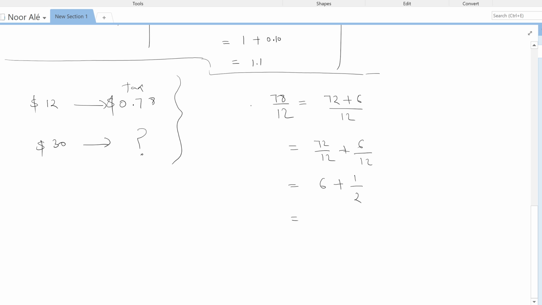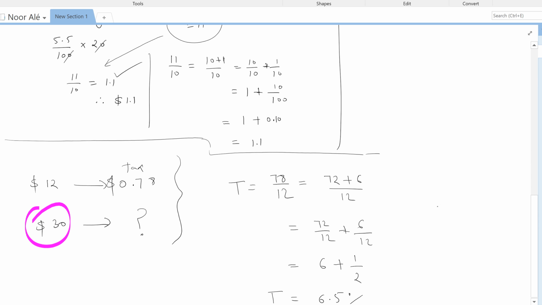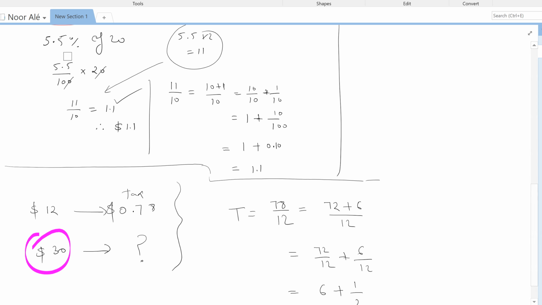So the t value that you're finding out is 6.5. Makes sense? So this is the percentage value, right? Yes, a percent, and now you use that percent and find out for the $30 that you're interested in. So you do 6.5% of 30, same as I did in that case, 5.5% of 20.